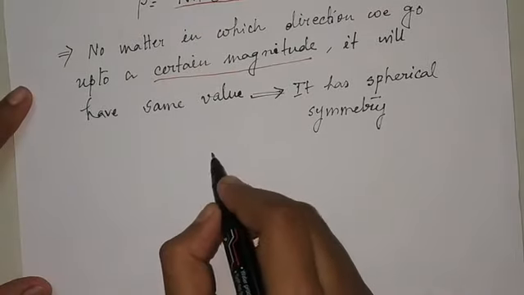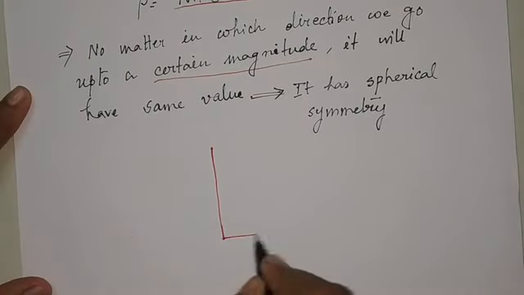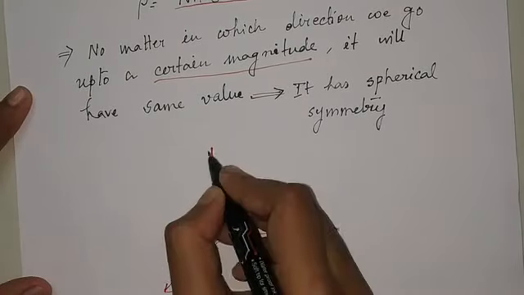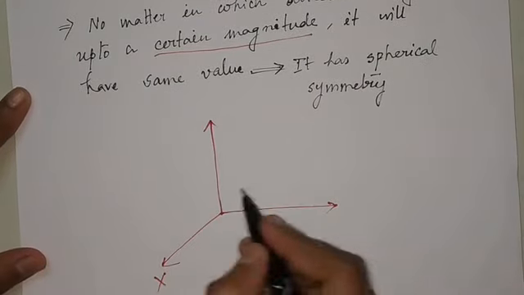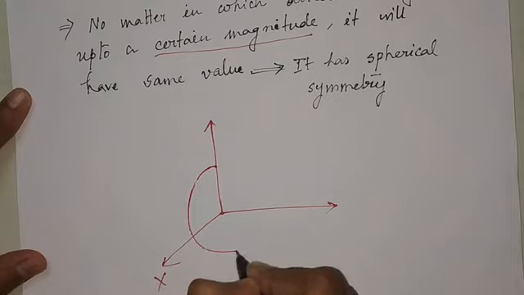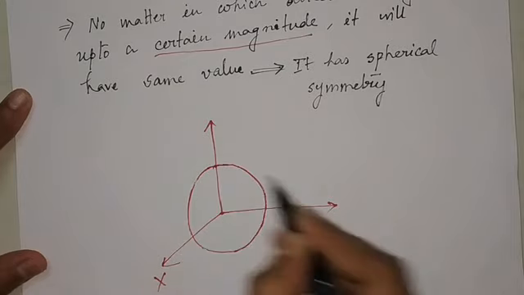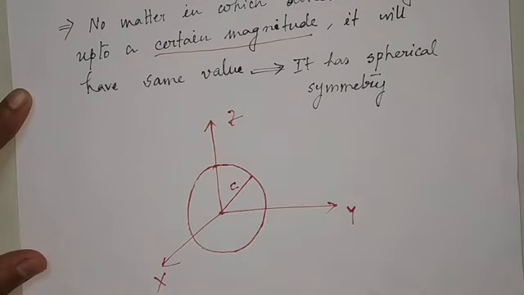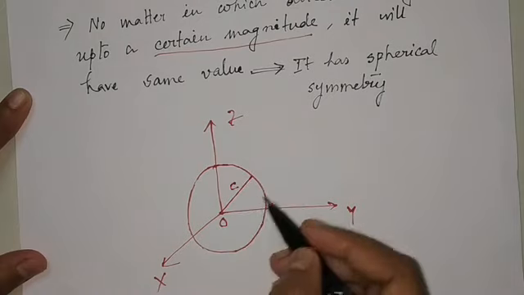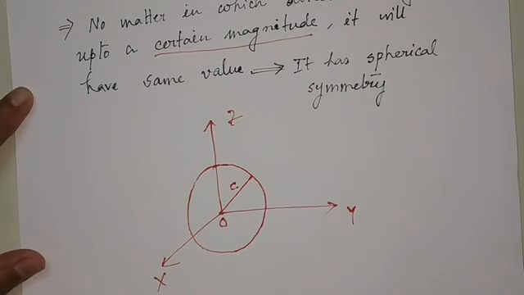It means that if we draw in the velocity diagram a sphere of radius c, okay, in 3D you have to perceive it as a sphere.